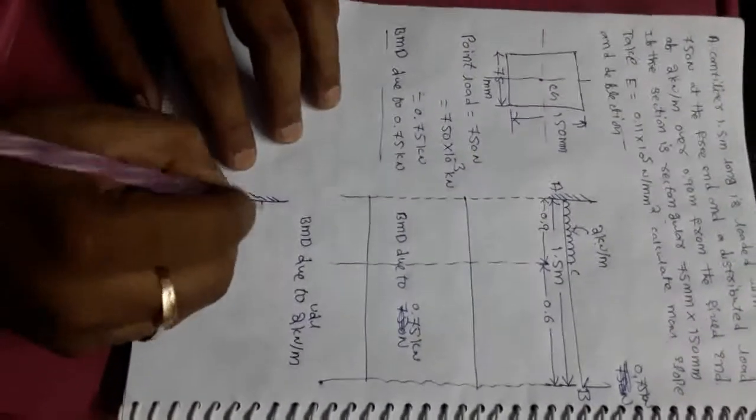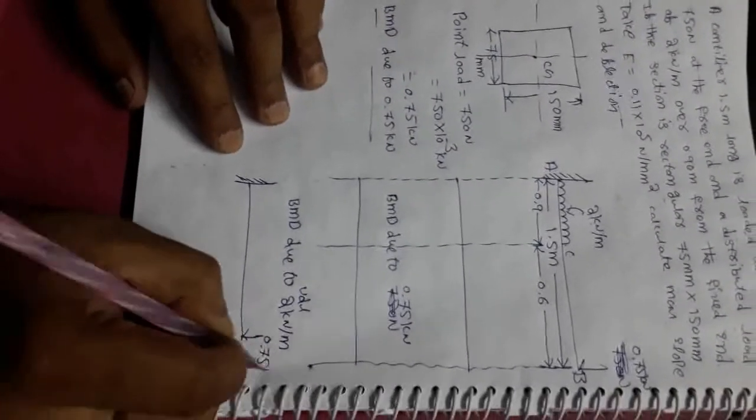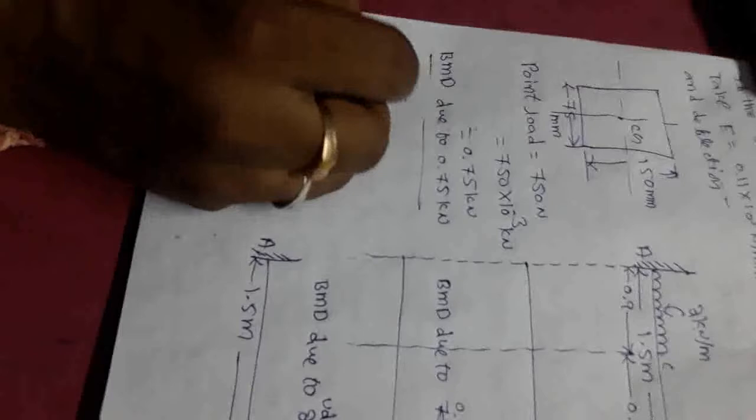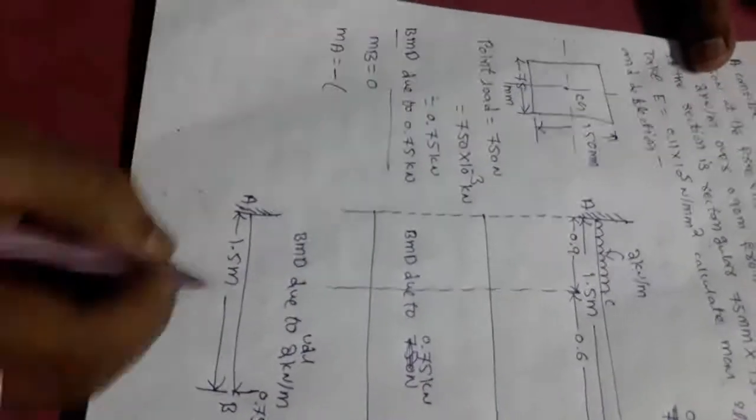For this diagram, assume a cantilever beam subjected to a point load of 0.75 kilonewtons. The span length is 1.5 meters. This is the end A and this is the end B. Moment at B equals 0, and moment at A equals the downward deflection, minus force into distance.